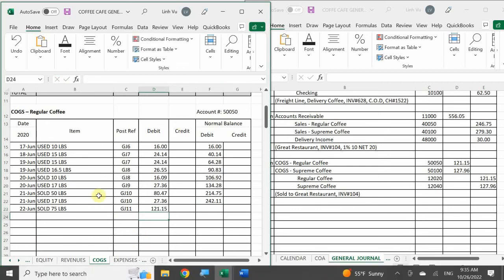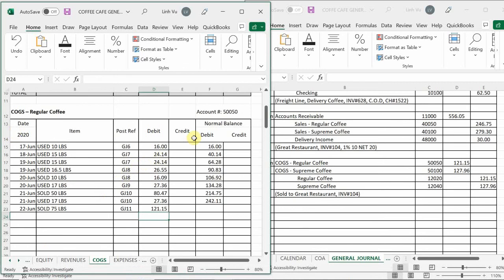So what's my grand total ending balance of my cost of goods sold? How much have I sold so far? $363.26. Good.